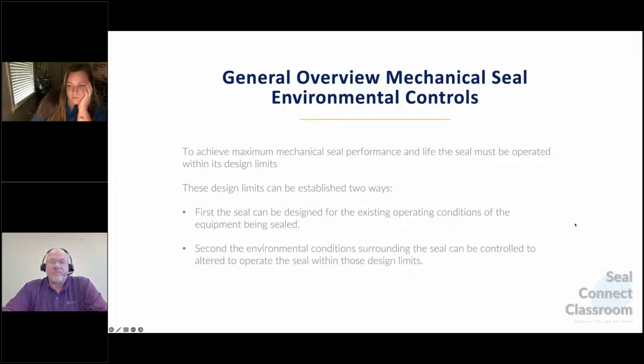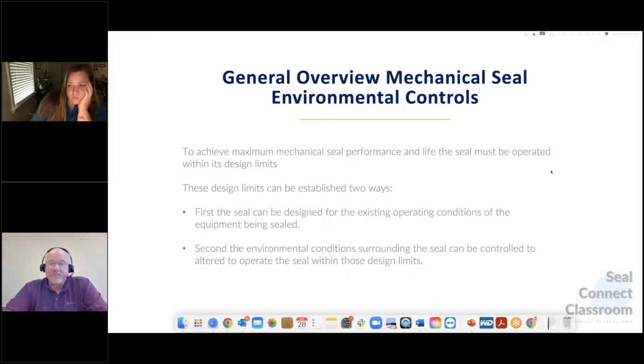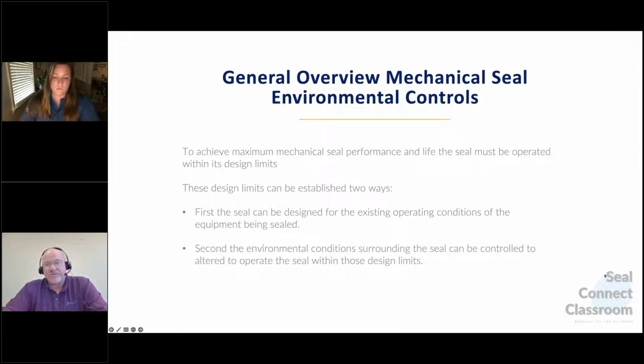The other option, which is the most cost-effective option that most people use today, is they buy off-the-shelf standard seals to fit ANSI equipment, and that is the most cost-effective way to solve those problems. But those solutions come with some limitations. In the first option, you're talking about seals that cost thousands of dollars instead of hundreds of dollars, so you kind of have to make a trade-off when you take the second choice and pick seals that are off the shelf.